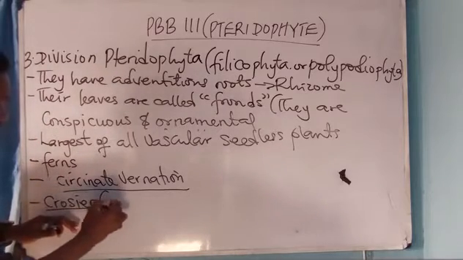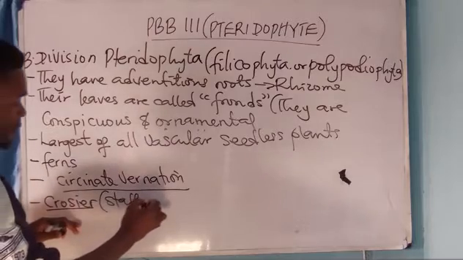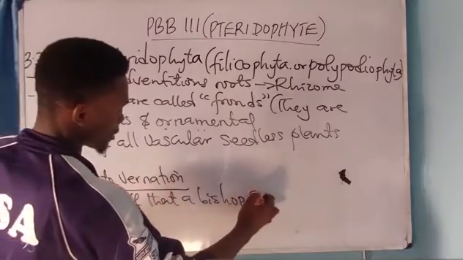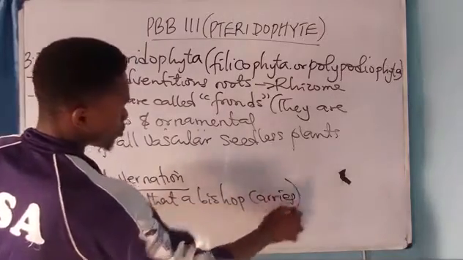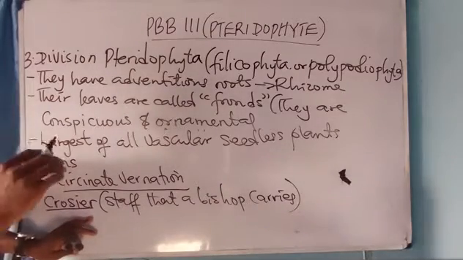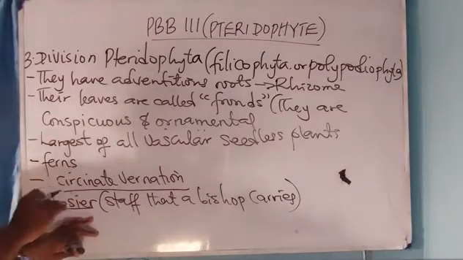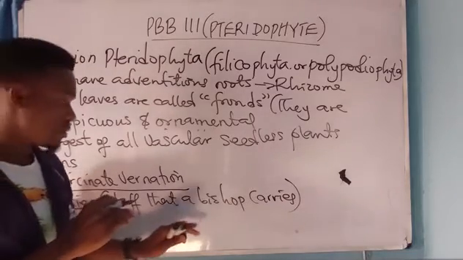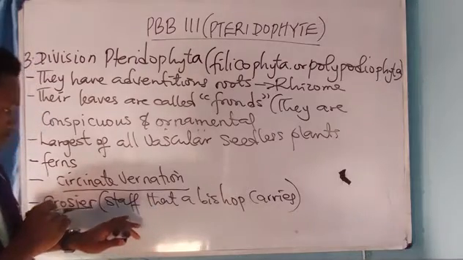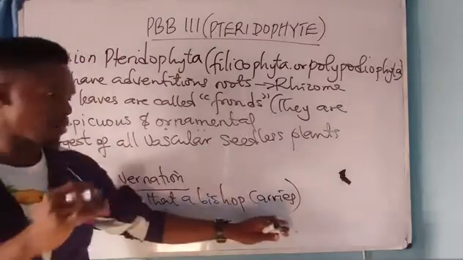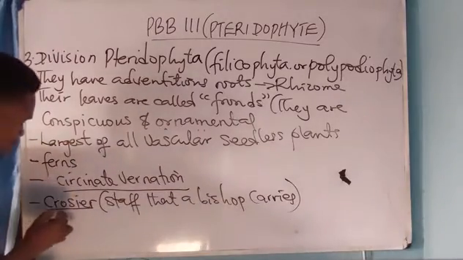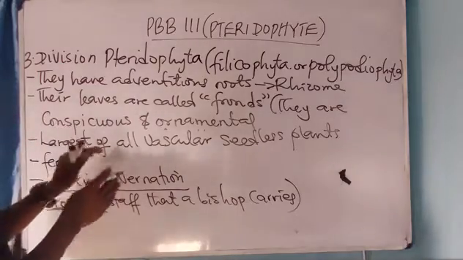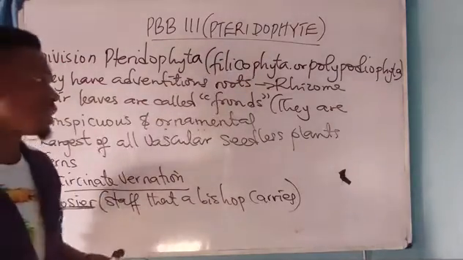A crosier is a staff that a bishop carries, which means that this crosier that the upper leaves of the ferns form looks like the staff a bishop carries. Please, formation of a crosier by the upper leaves when they roll up is restricted to just the ferns, which are the pteridophytes. Please take note of that.